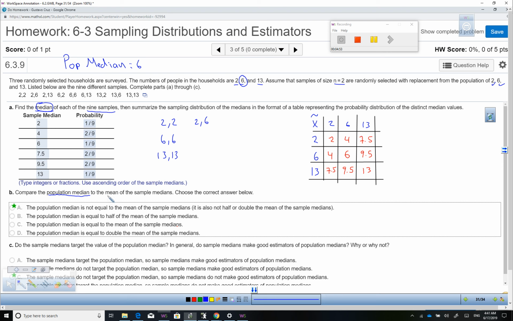Now let's calculate the mean of the sample medians, and that's what we get from this probability distribution.